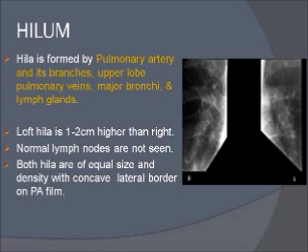The causes may be an enlarged lymph node, or sometimes enlarged vessels. Normally the left hilum is slightly higher because the left pulmonary artery goes above the left bronchus. So basically both hila should be equal in size and density, and the outer border of the hilum should be concave.